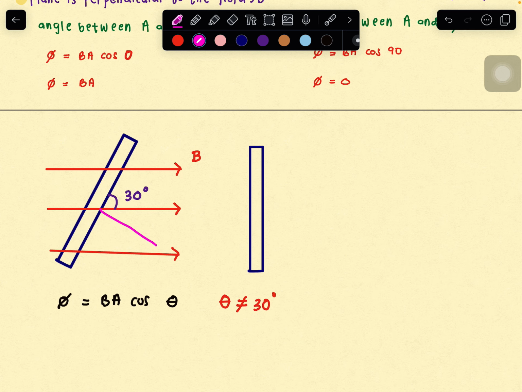Okay, so we know that the area will always be 90 degree to the plane. Dan sekarang ni yang kita mau kira adalah between the magnetic field and the area. So angle di sini lah basically yang kita mau kira kan. So angle here will be equal to 90 degree minus 30 degree, which is equal to 60 degree.